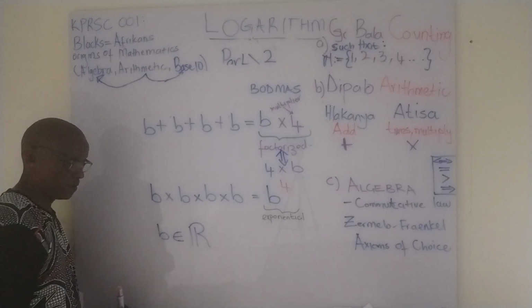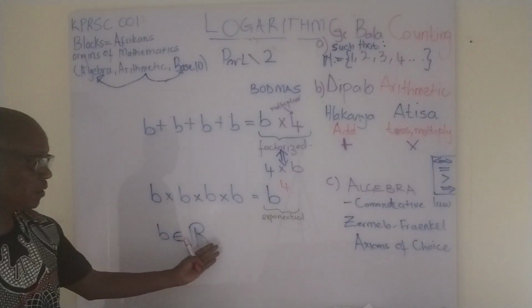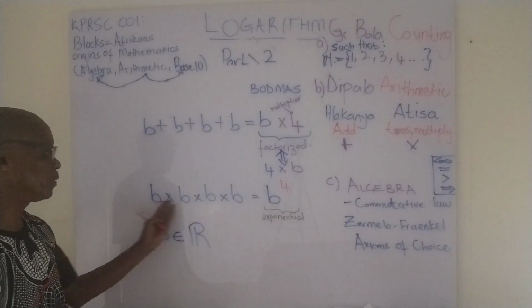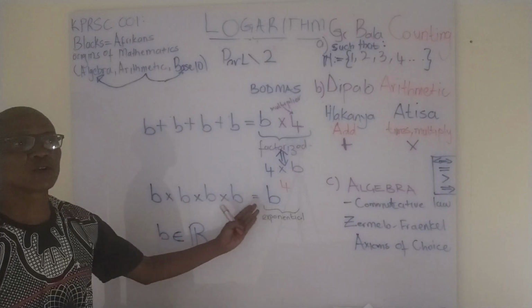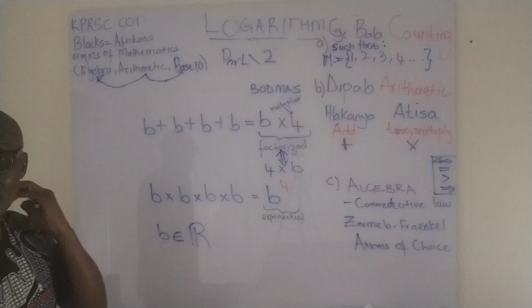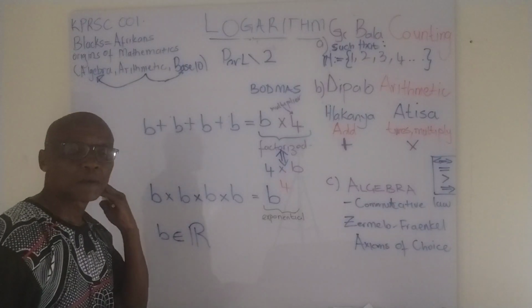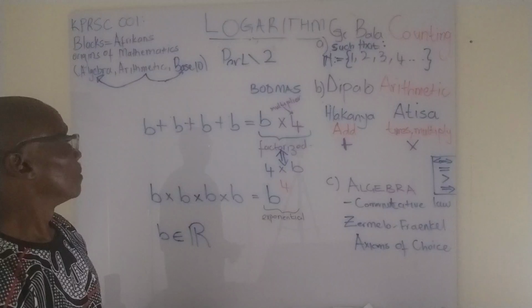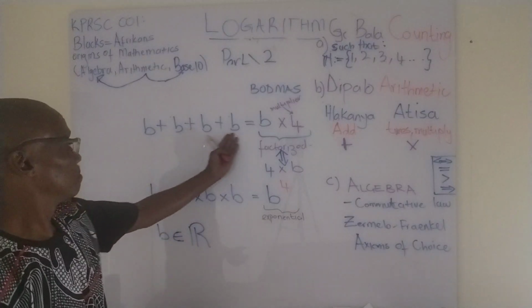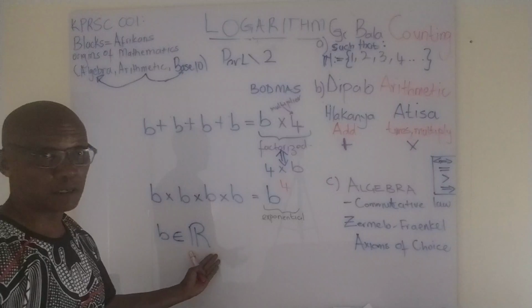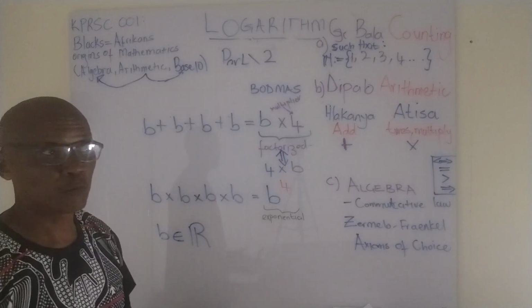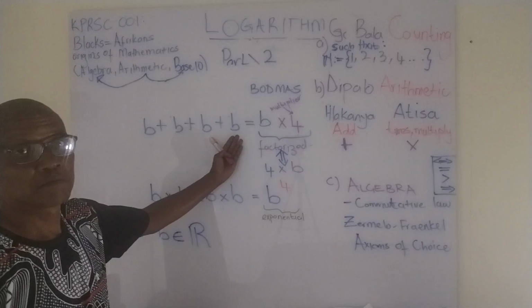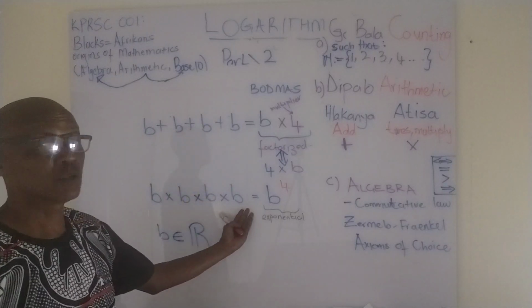Now, it will feature especially when we look at exponents, and we'll understand why we have to have a restriction. Now, we have chosen mathematically any number that we can add to itself or multiply by itself.